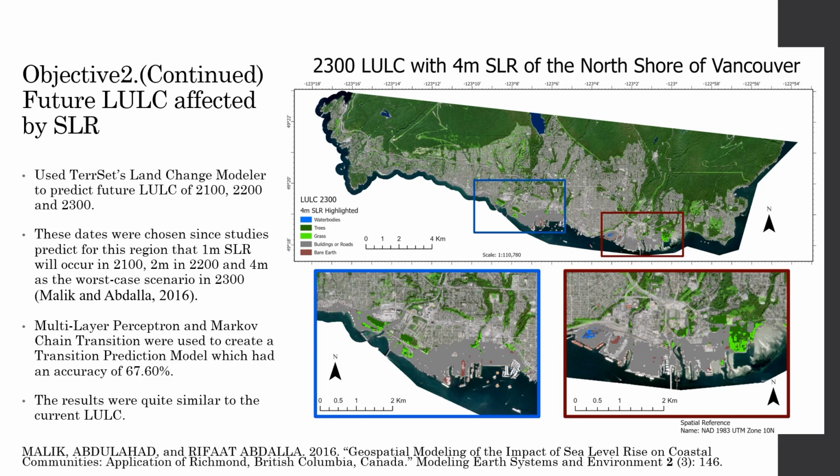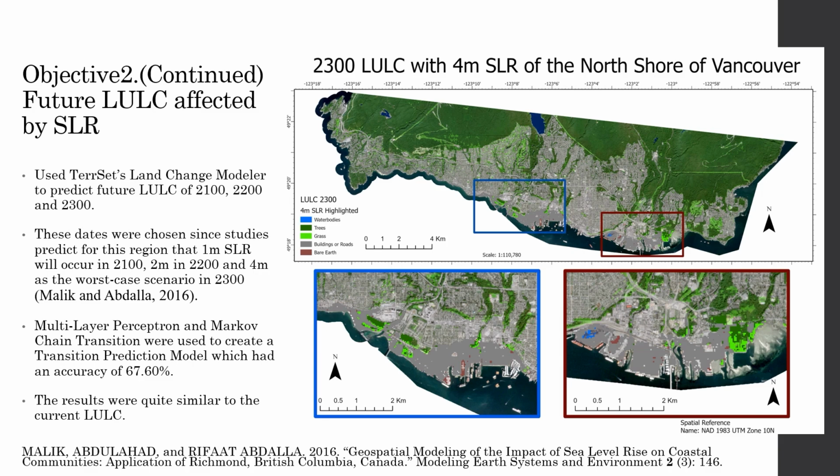The future predicted LULC years that were chosen were 2100, 2200, and 2300. These dates were chosen since studies predict for this region that 1 meter SLR will occur in 2100, 2 meter in 2200, and 4 meter in 2300.